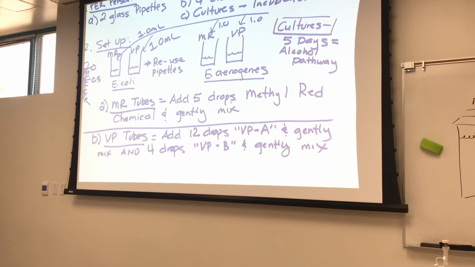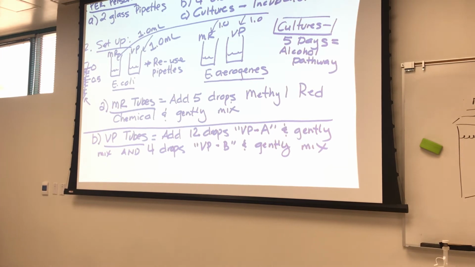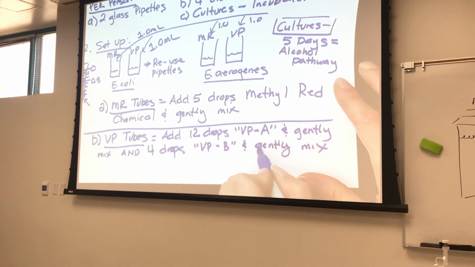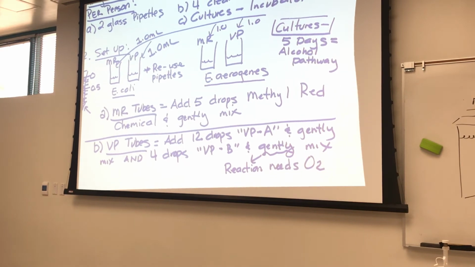I've figured out that this VP with the chemicals is pretty sensitive, so you do need to do a gentle mix because apparently the reaction needs oxygen. So you do need to gently shake it up a bit.